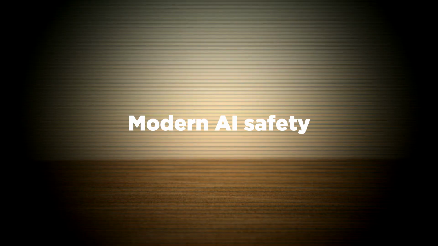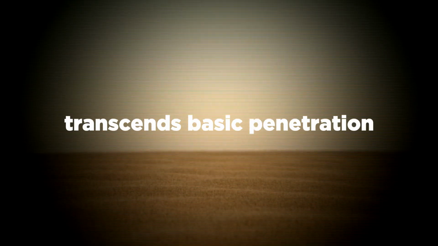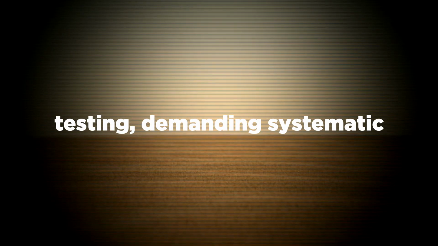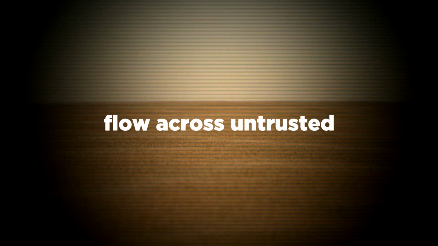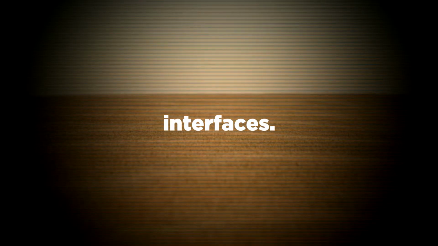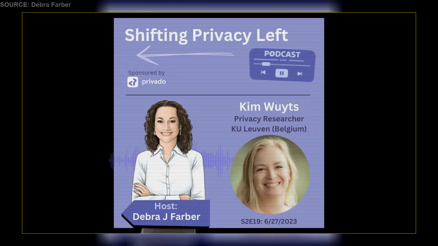development. Modern AI safety transcends basic penetration testing, demanding systematic deep dives into how structural representations flow across untrusted interfaces. Definition, and it took us like weeks and weeks of discussions and tweaks to get 15 people to agree on the definition, is analyzing representations of a system to highlight concerns about security and privacy characteristics.